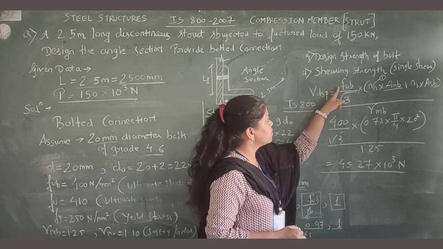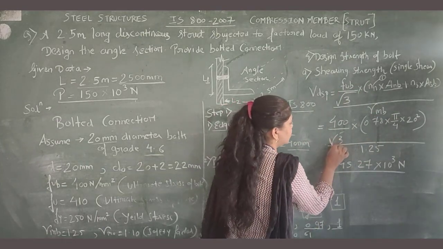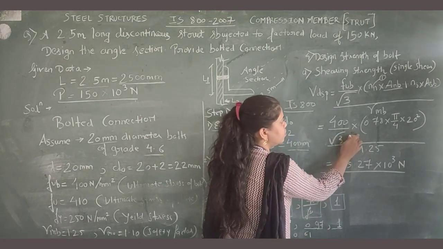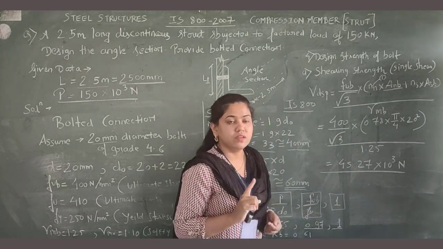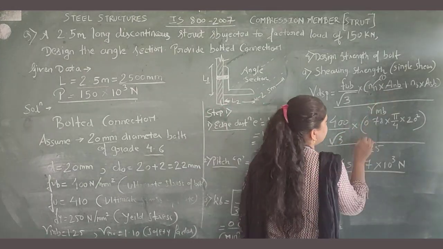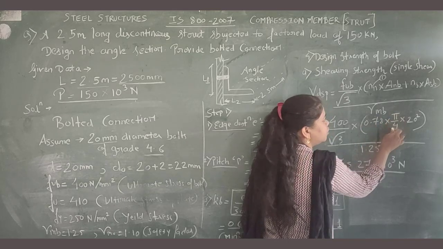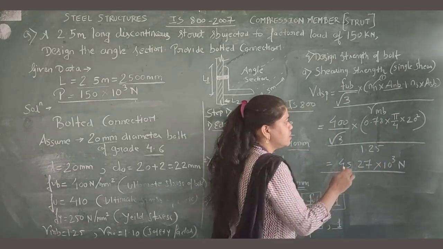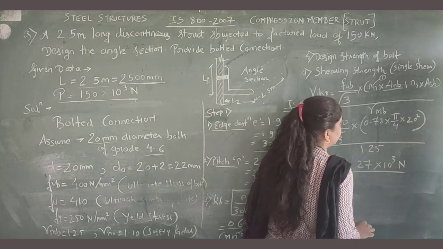Here in this case, FUB is equal to 400, divided by under root of 3, into NN, which is considered as 1. There is one shear plane, right? ANB is calculated by this formula, 0.78 into pi by 4 into 20 square, that is the area of the bolt. 78% you have to consider here, right?